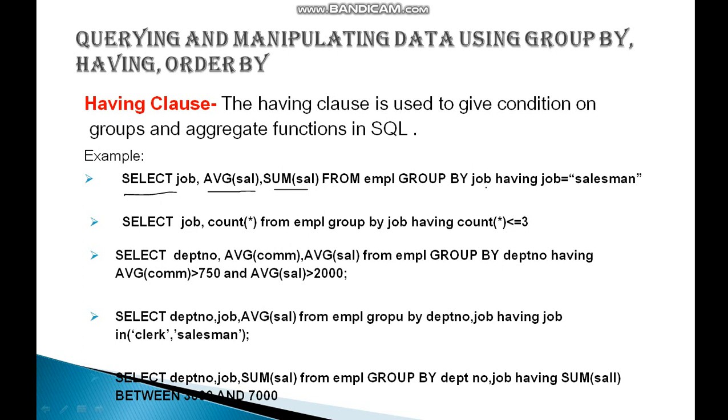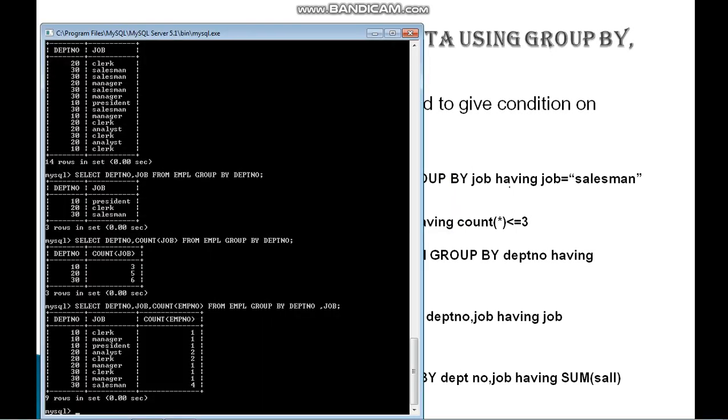For each and every job, what is the average salary the company is giving, what is the sum of the salary they are giving. Okay, but only for the job salesman. But if I don't use the having clause, it will show for all the jobs, including the clerical jobs, the salesman jobs, and so on. But here, if I want to give the condition only for the salesman, we have to use the clause having. Okay, so let us do it practically.